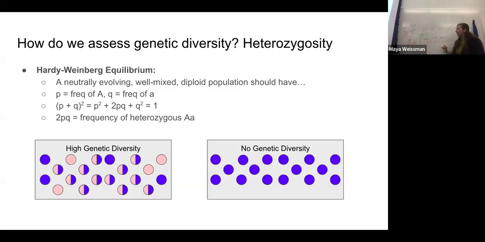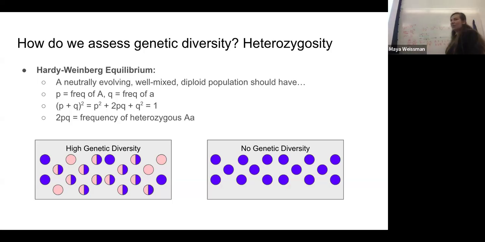Okay, so this number can go from 0 to, I think a half is the highest it can possibly be. What would happen if we had a really uneven mix, but it's not exactly 0? Let's say it's 0.75 times 0.25 times 2. What does that equal? It's a half of 0.75, which is less than a half. So the highest heterozygosity possible is 0.5.